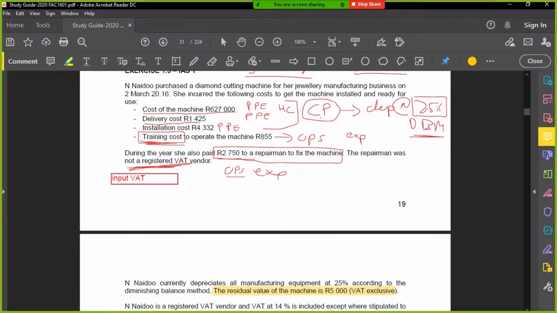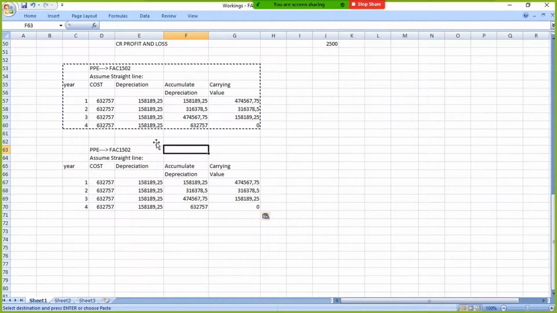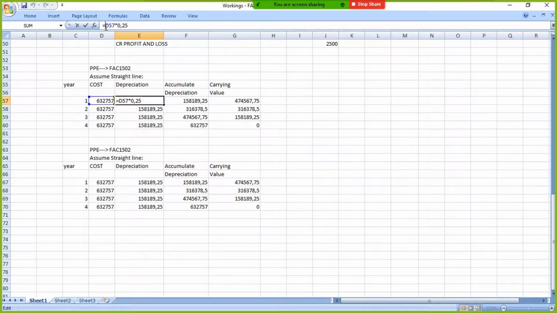Okay, so if it was straight line, we also need to bring that into the working. So you would just add a minus 5,000 to the working for depreciation. So it's still cost. The cost doesn't change. You just minus the 5,000. Right, and you do that for each year.